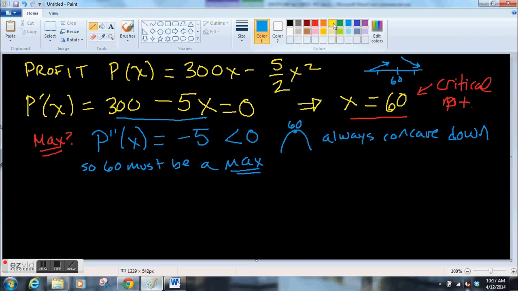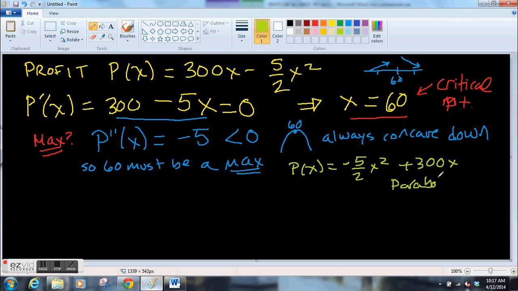Or finally, I would also accept a basic math 116 answer. I'll try this weird green color, which you could say this profit function, p of x, is minus 5x squared plus 300x, which is a parabola.